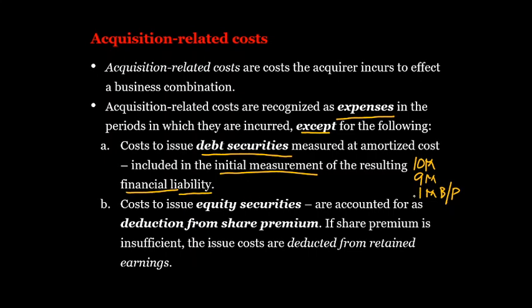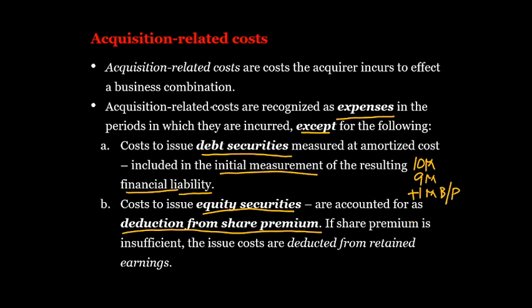Okay, so maidadagdag dito. Cost to issue equity securities, they are accounted for as a deduction from the share premium. Kapag nag-journal entries na tayo, ayan, di ba? Meron kang debit sa cash, credit sa common shares pag nag-issue ka, and then credit to additional paid in capital.